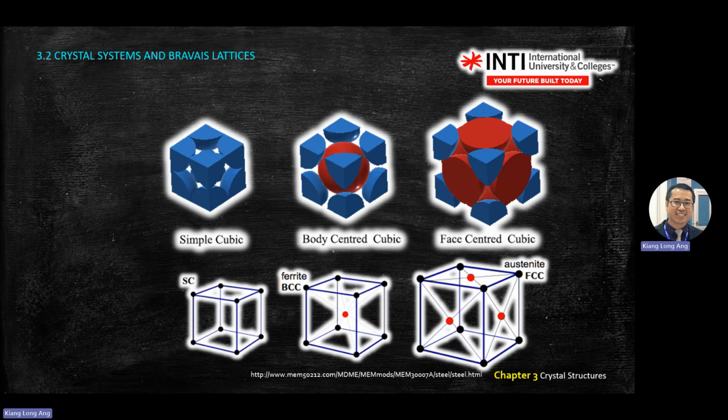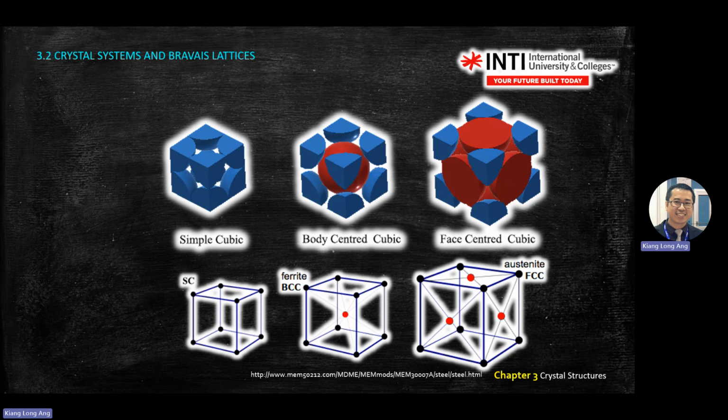I don't have the balls or spheres for the illustration. There are two types of presentation also. The photo that you see, all the diagrams you see here, actually they are the same. Above and below, they are representing the same thing, but there are certain names for that. But we go for the arrangement of the atoms first.